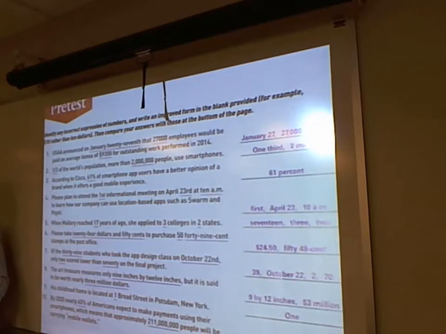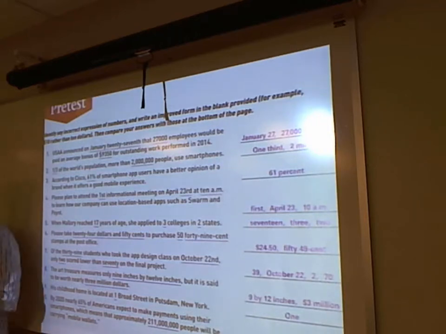Number 2: 1/3 of the world's population, more than 2 million people, use smartphones. It has two components. One is fractional, and generally if you can move a fraction away from the beginning of a sentence, that's usually best. But with fractions that have one or two words, you generally spell them out as a word, and any number that begins a sentence should be a word anyway.